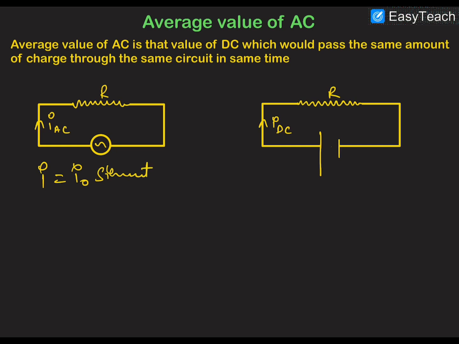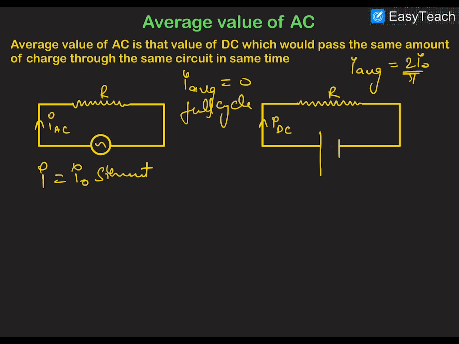So let me tell you that I average in full cycle is 0. We will derive this in this video only. And I average in half cycle is 2 I naught by pi. This is in half cycle. So let us take the example of half cycle.